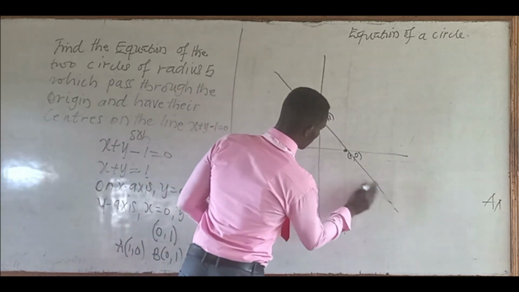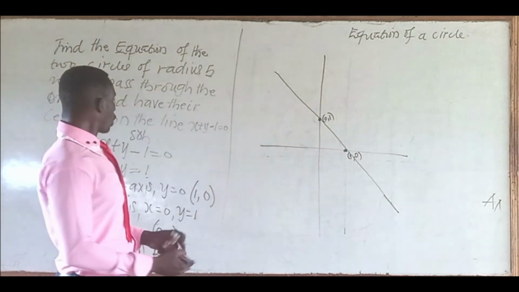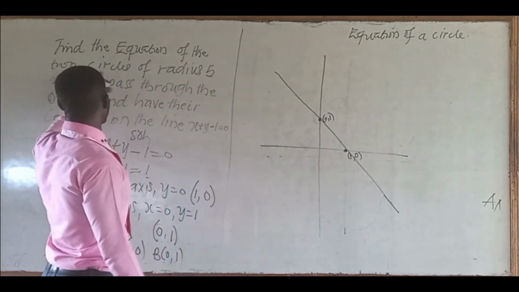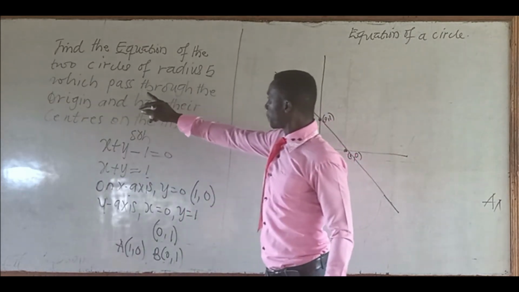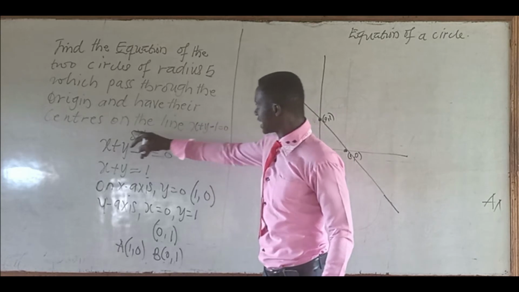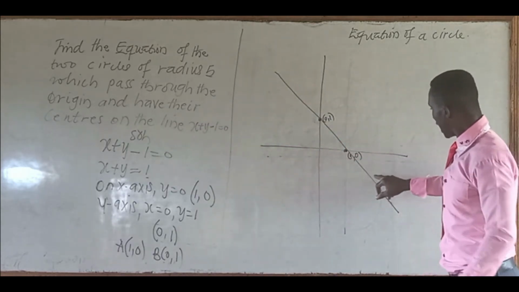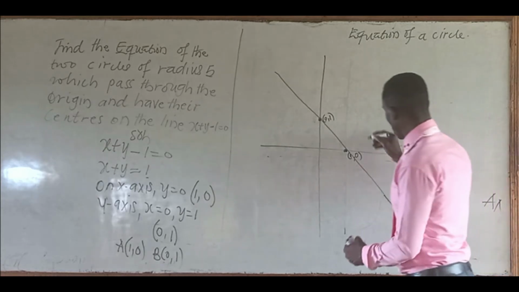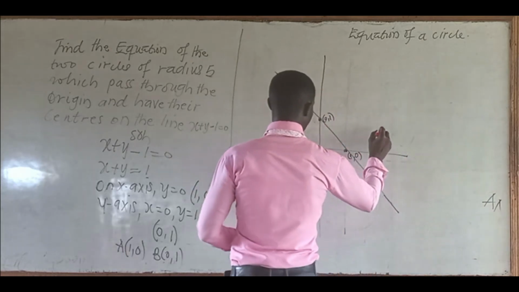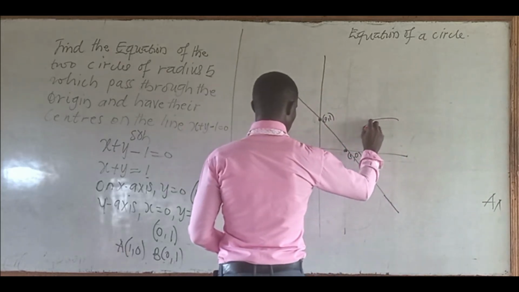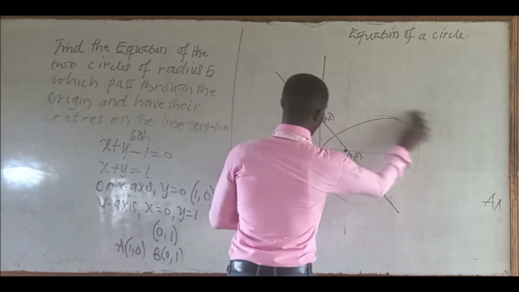So this is the line. According to the question, find the equation of the 2 circles of radius 5 which pass through the origin and have their centers on the line. So those circles pass through the origin, but they have their centers on the line. Let me use different markers so that you can see the difference.